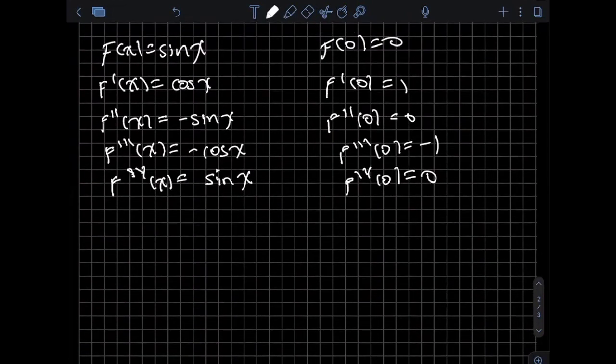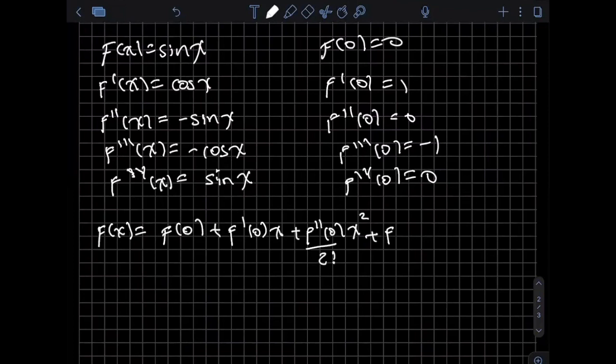So, likewise, if the MSE of a function f of x looks like this, f of 0 plus f prime of 0 times x plus f double prime of 0 times x squared over 2 factorial plus f triple prime of 0 times x cubed over 3 factorial plus f fourth prime of 0 times x to the power of 4 over 4 factorial and so on.